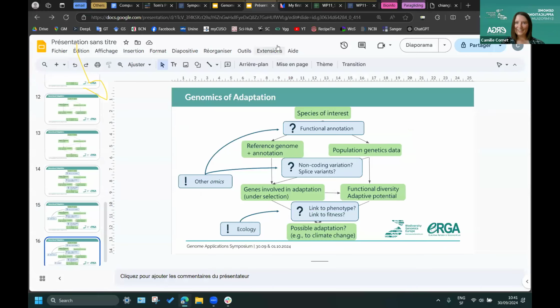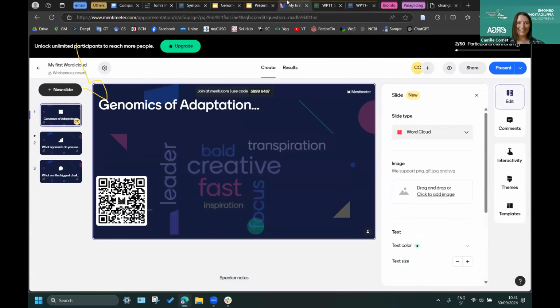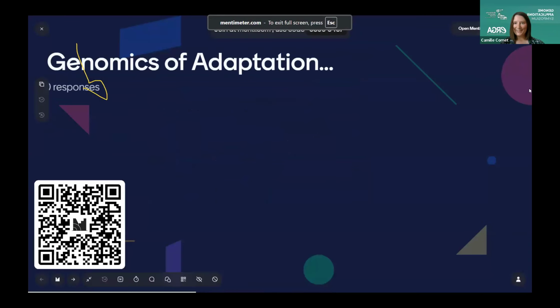I would like to go back to Mentimeter to have your opinions. Unhelpfully, it's not the same QR code as the one that Mari presented, so I will leave you a few moments to join.